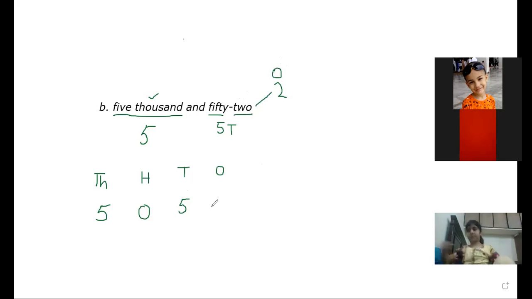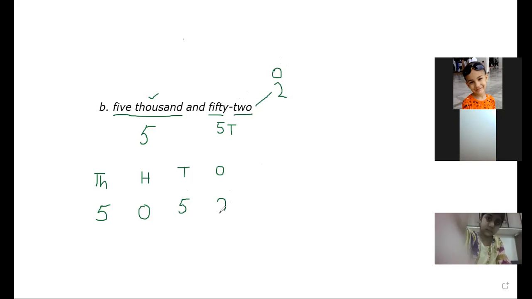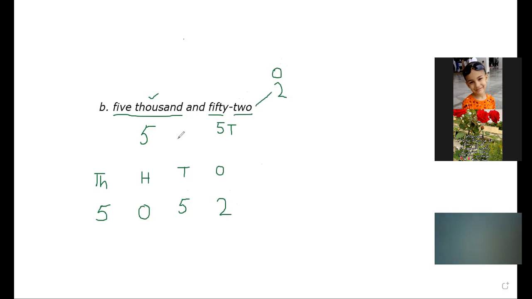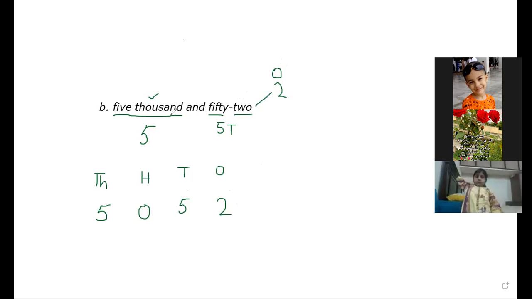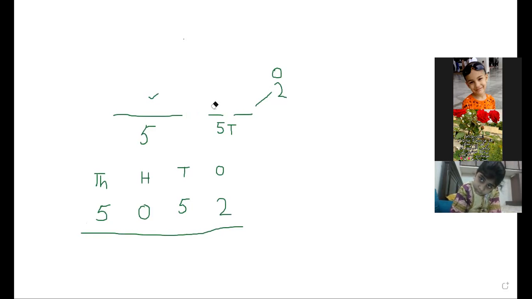So I'm going to write 2 under ones. Like this, you can write the numbers that match each name. It is given in alphabetical form and we write it in digits. So it makes 5,052. Now I'm going to do one more part of this question for you.